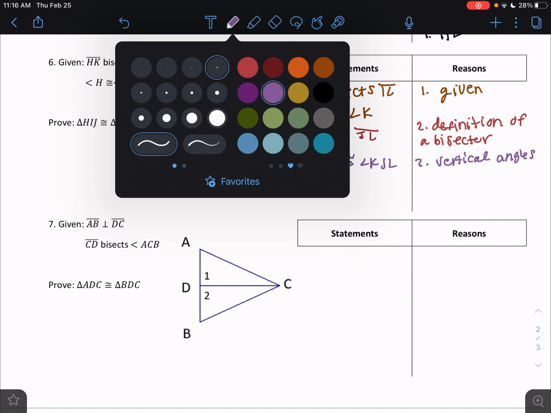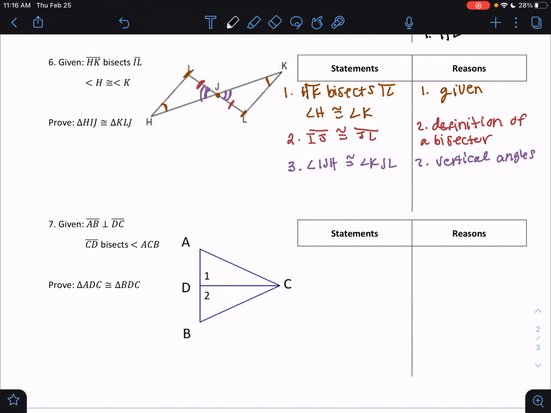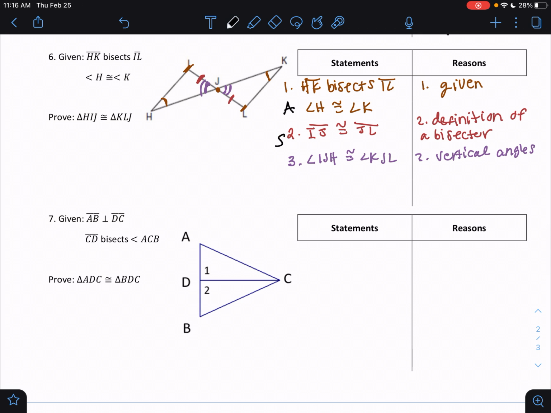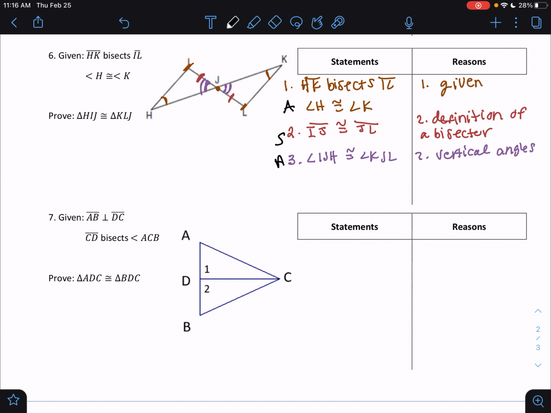Now, I'm going to write to the side. Let's see what we have here. We have an angle here, a side here, and an angle here. Now I need to see what order they go in. So I have angle, angle, side. So my final reason is angle, angle, side.